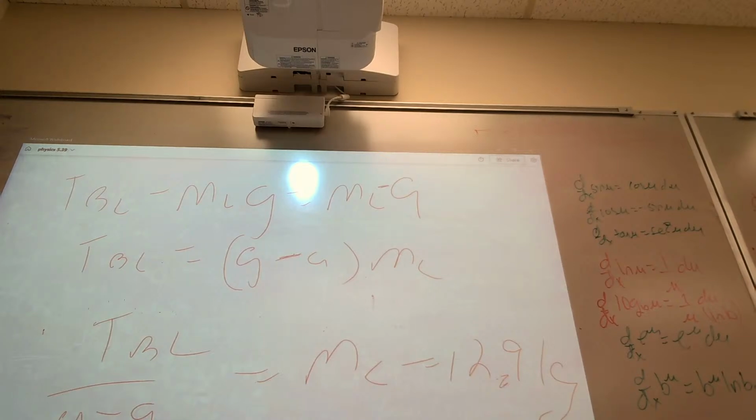Do you know the angle of that force from the horizontal? If you use your geometry, you can figure out what that angle is. It's got to be 33.